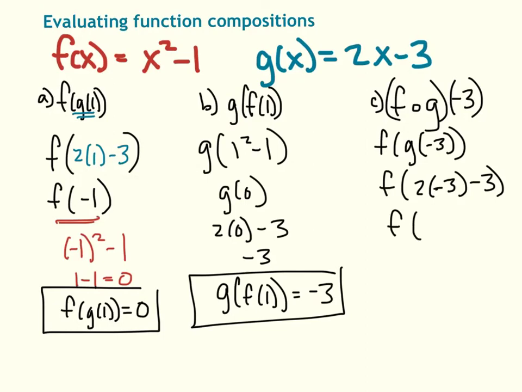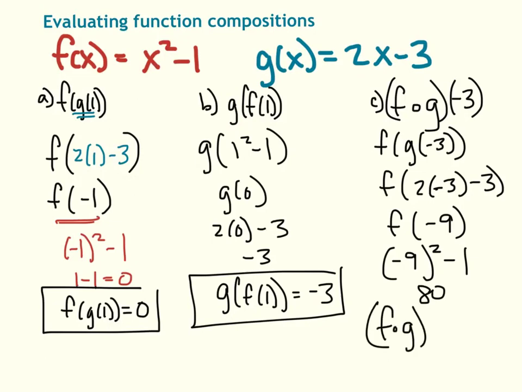So this is 2 times negative 3 is negative 6, minus 3 is negative 9. So f of negative 9 would be negative 9 squared minus 1. What's negative 9 squared? 81, minus 1. So f of g of negative 3 equals 80.